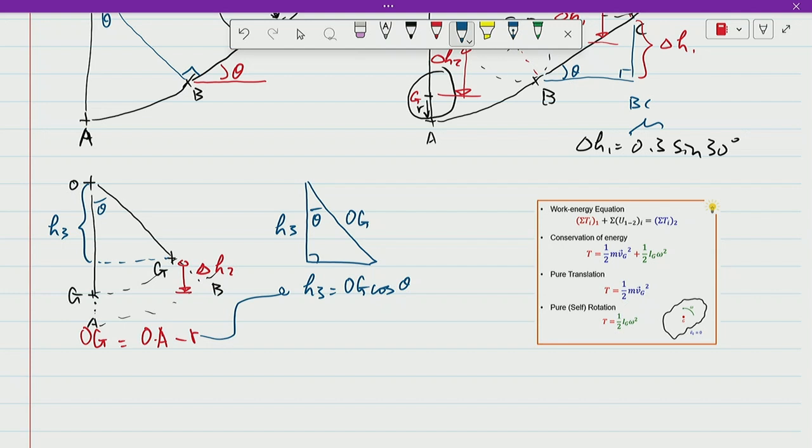Finally, delta H2 equals OG minus H3, or OG times 1 minus cosine theta. This would be a good time to sub it in, but we'll put it in when we construct the equation. Questions so far?